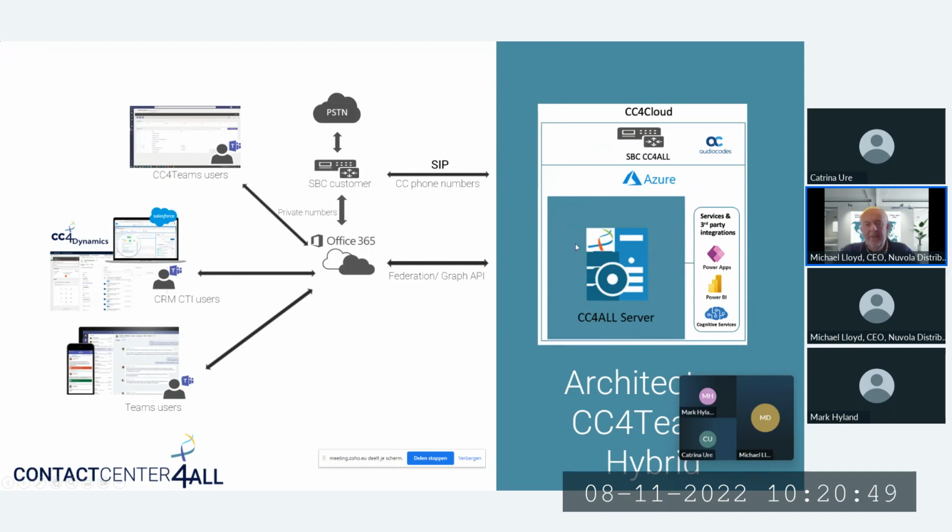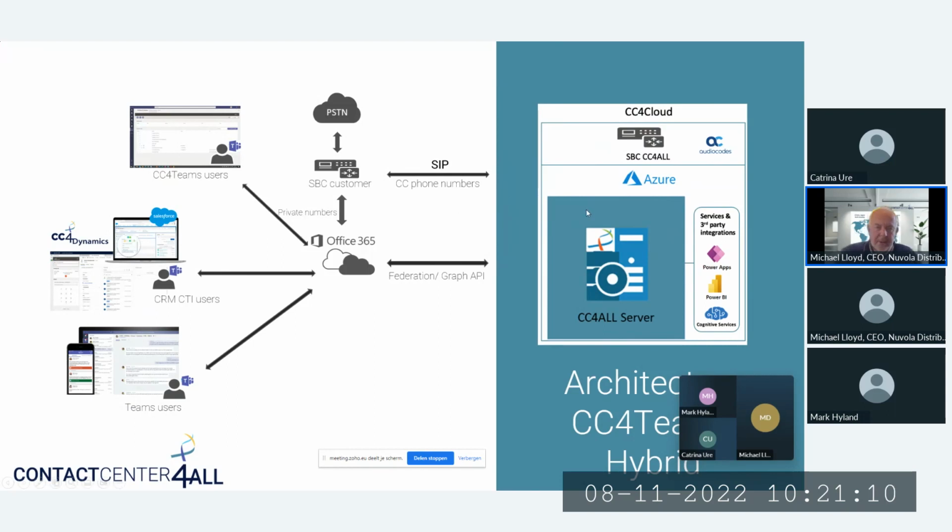So what if all the agents are busy? Maybe you want to overflow to another department. Possible. And it's nice if people in the other department also have the CC4 Teams client, because then they can see that they receive an overflow call from another department. But let's say the call stays in that department.